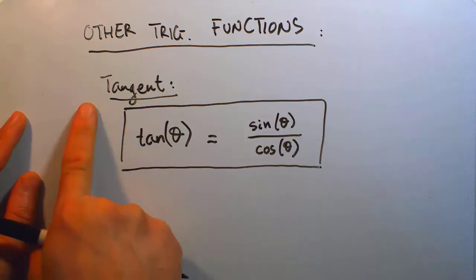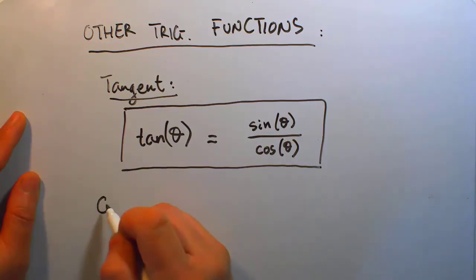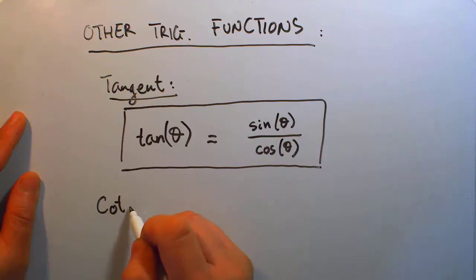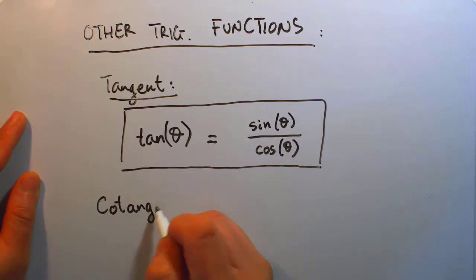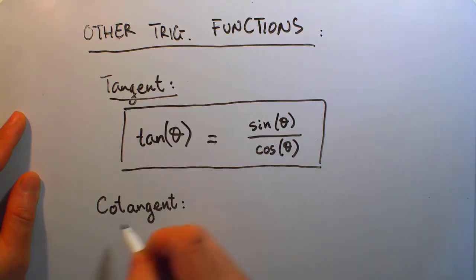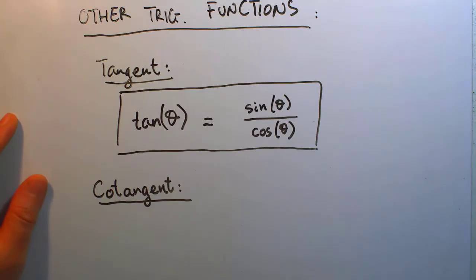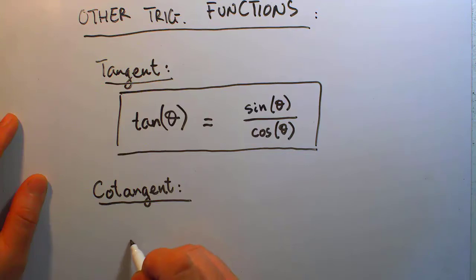Besides the tangent function, there's also a cotangent. And cotangent has a short name, COT, stand for cotangent.